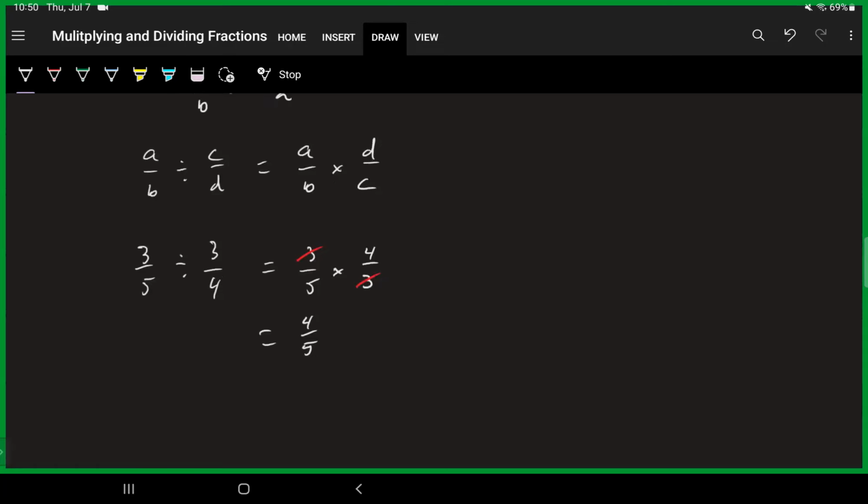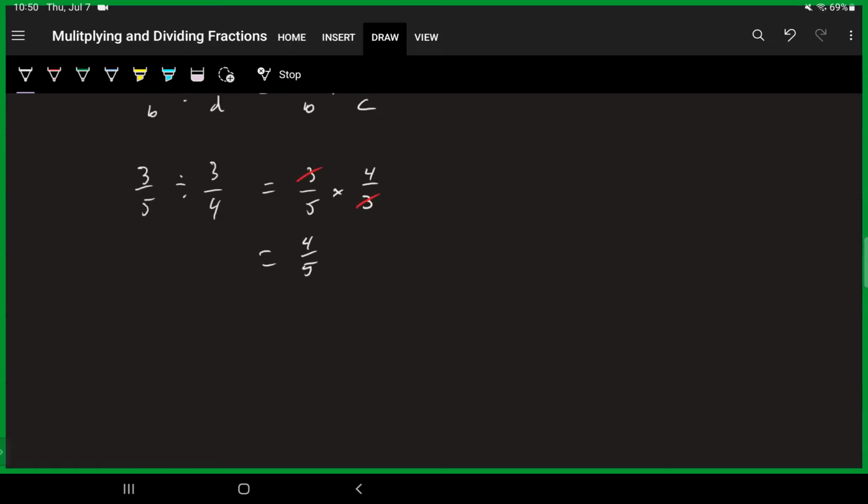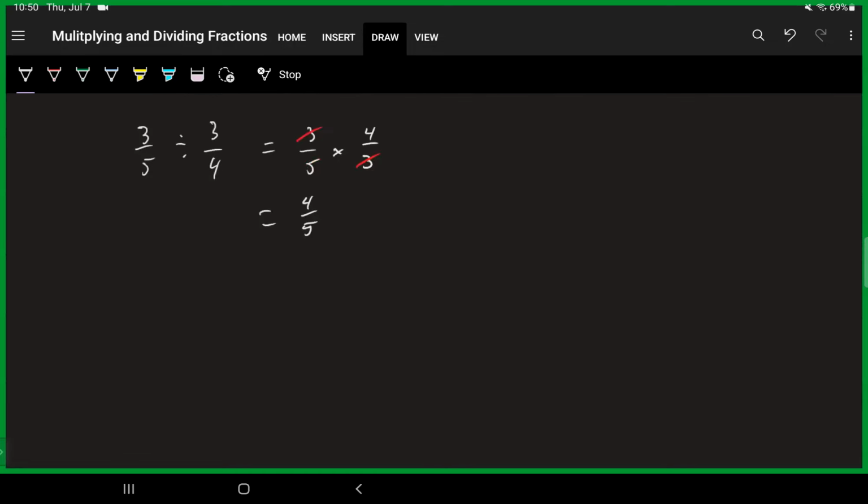Like we did with multiplication, let's look at some other examples. If I have 7/8 divided by 5, I can do this if I think about it as 7/8 times 1/5. I always take the reciprocal of the second fraction, regardless of what it looks like. I'm going to get 7/40. That one doesn't simplify any further.